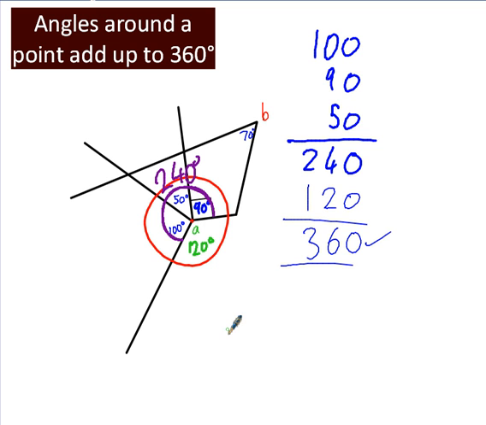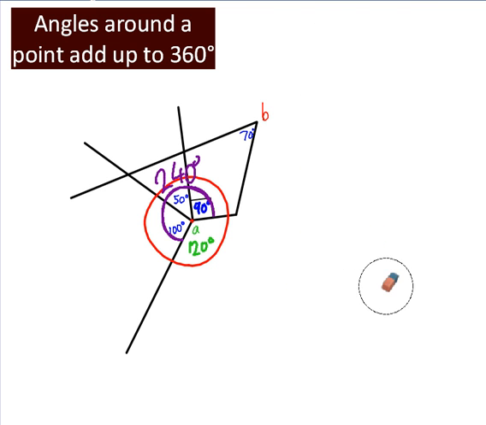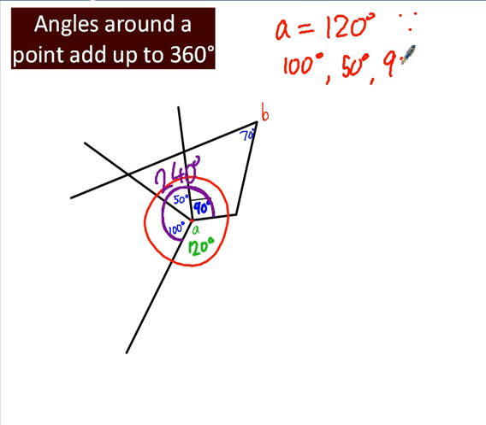Okay, an exam problem would probably ask you to justify it. So how would we justify it? Well, we would say something like A equals 120 degrees because 100 degrees, 50 degrees, 90 degrees, and A are angles around a point.